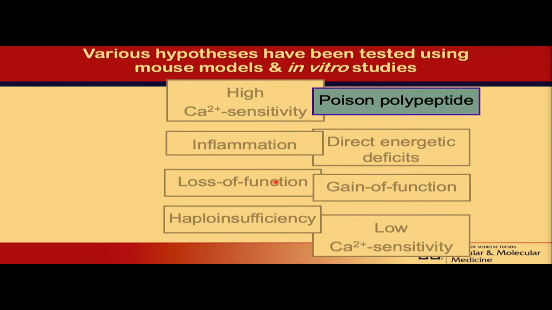The poison polypeptide is another one, which I am going to present right now. It is kind of my PhD work, but we still continue the project. You can see when I started the project and where we stand right now.